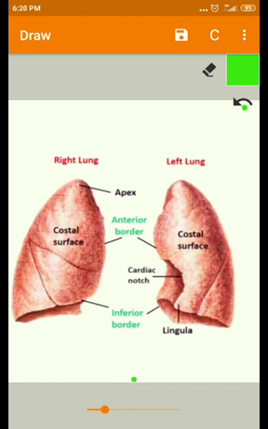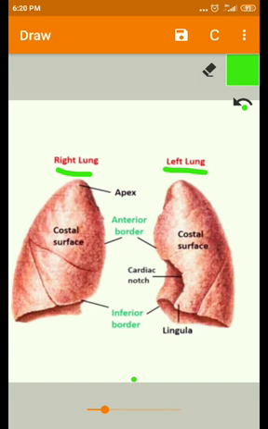A fissure is a depression inside the organ which separates it into two or more segments. Now, what types of fissures are present in the right lung and left lung? Because of these fissures, the lung is divided into different lobes.